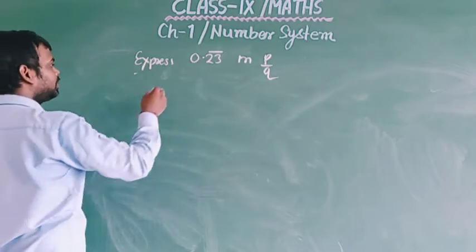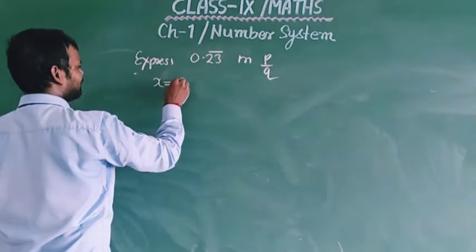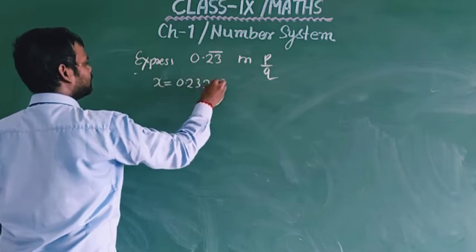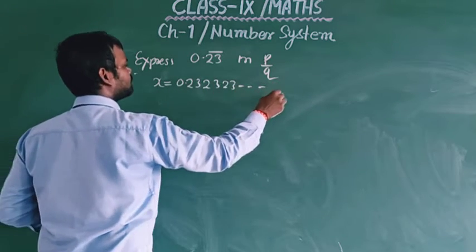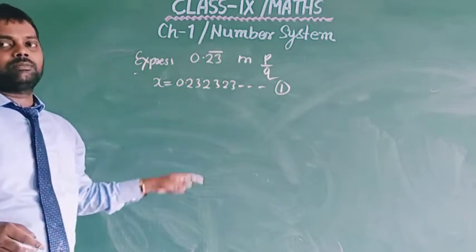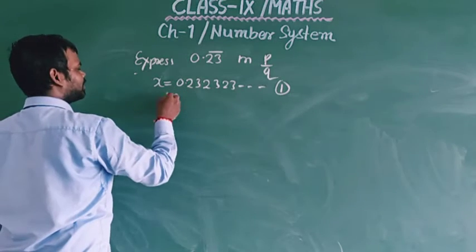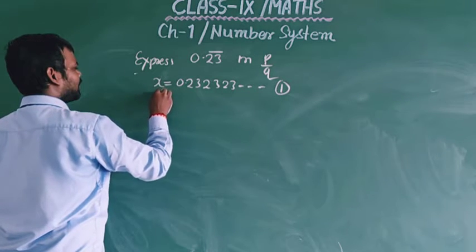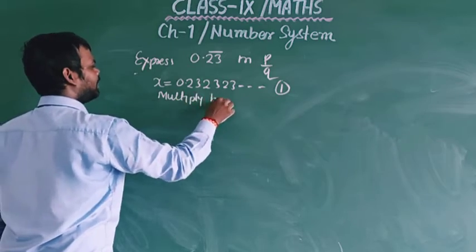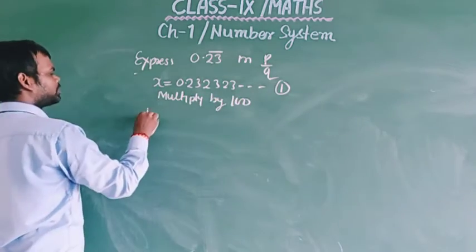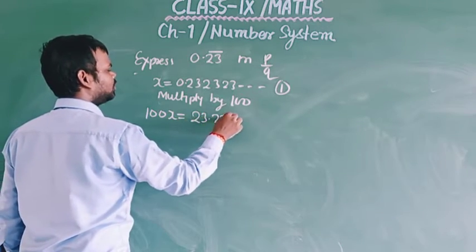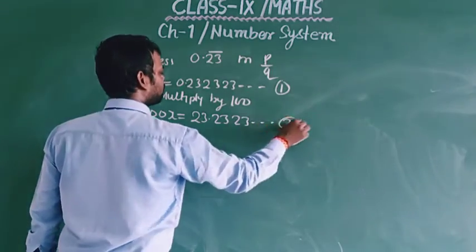Similarly, first let x equal to 0.2323 and so on. This is equation 1. Here the repeating digits are 2 after the decimal, so multiply equation 1 by 100. The equation becomes 100x equal to 23.2323 and so on.